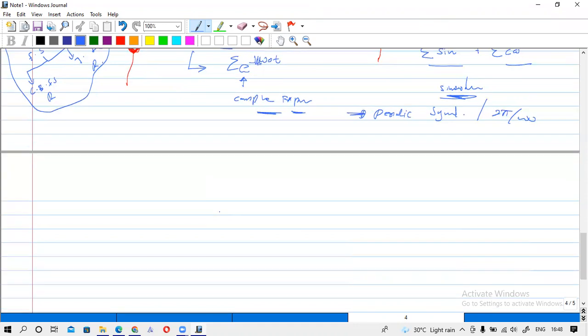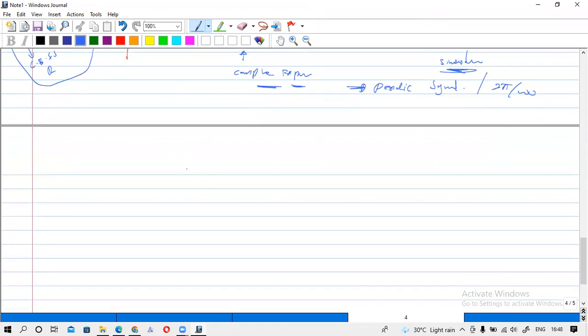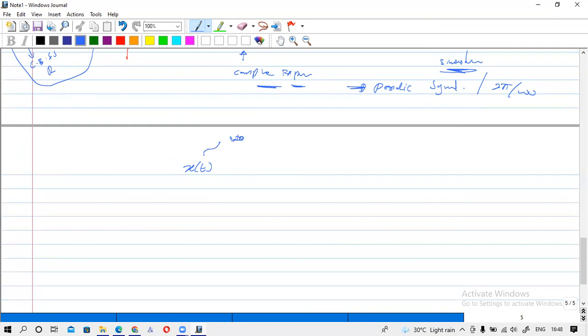So we can represent any signal x(t), any periodic signal. Let's say the fundamental angular frequency is omega naught. Can anyone remember the relationship between omega naught and T, the fundamental period?